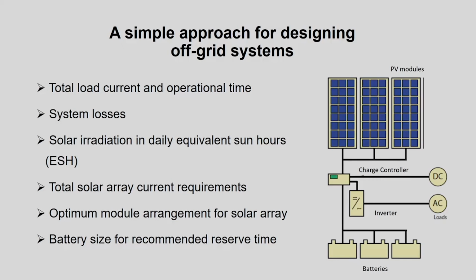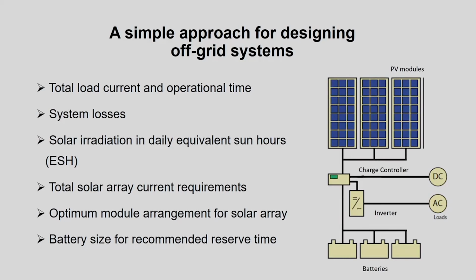Then we need to determine total solar array current requirements, the optimum module arrangement for the solar array, and finally the battery size for the recommended reserve time. The configuration is something like this: modules, a surge controller, DC load, AC load, an inverter and batteries.